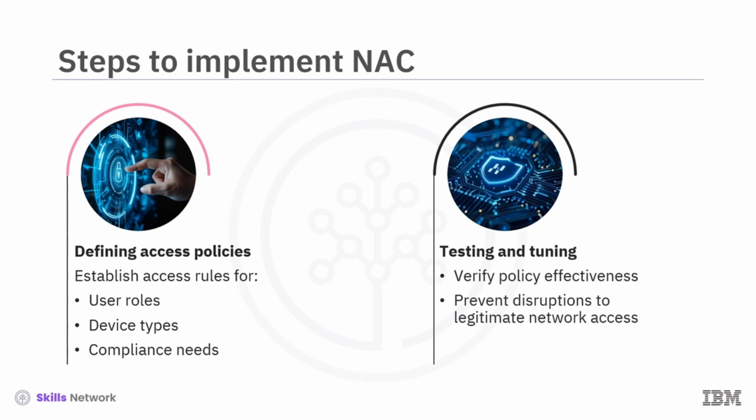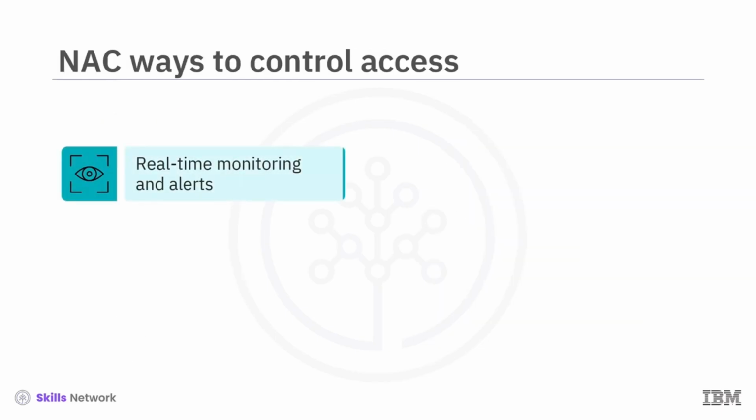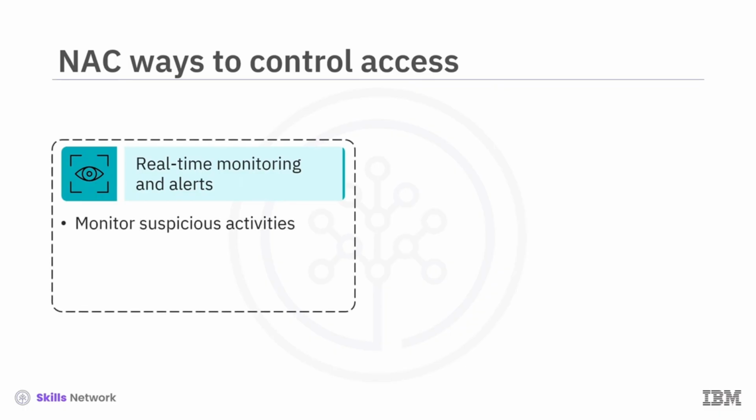While these processes help to manage threats, there are unfortunate events where an attacker manages to penetrate the network. How do you respond in such cases? NAC offers ways to identify, handle, and remediate any violations by 1. Continuously monitoring network access attempts and generating real-time alerts for suspicious activities. 2.